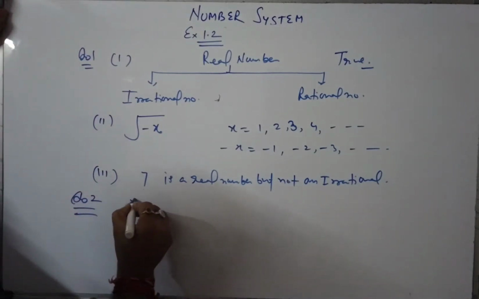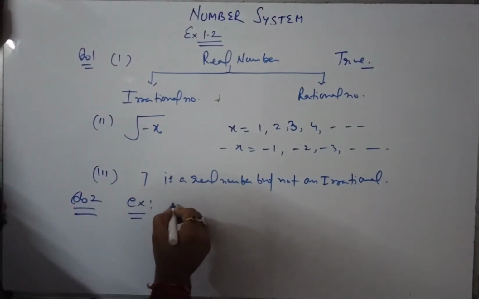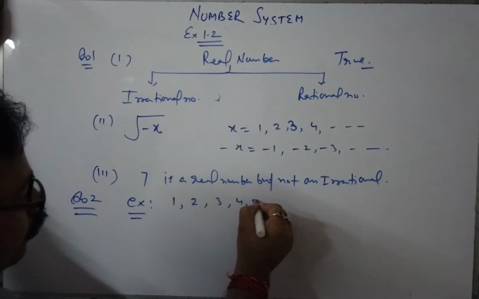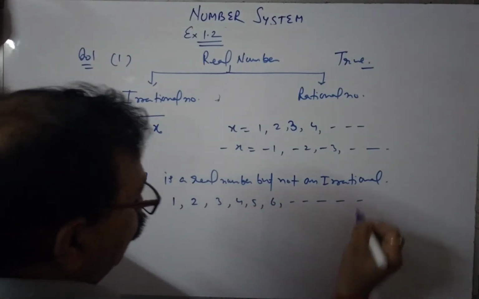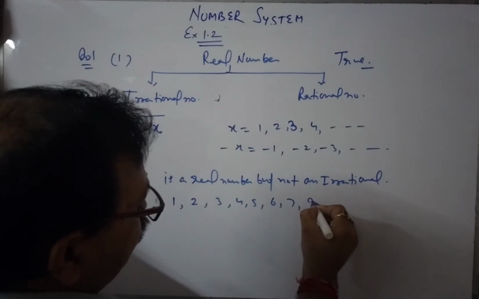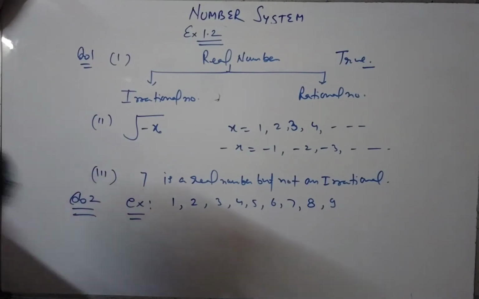Consider an example, starting from the numbers 1, 2, 3, 4, 5, 6. They are all positive numbers. Say 7, this is 8, this is 9, etc. This much is enough for you.